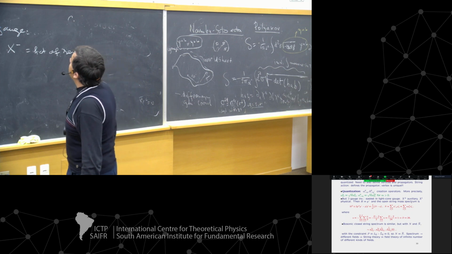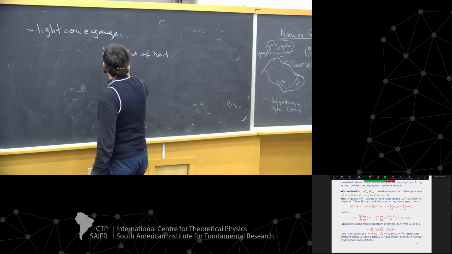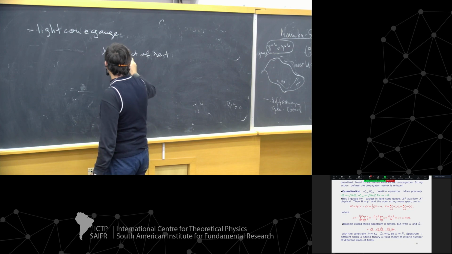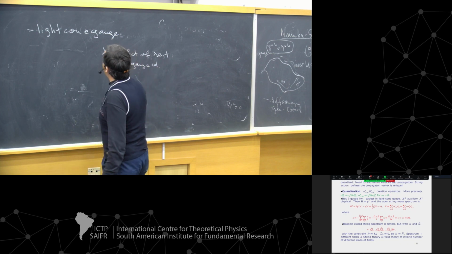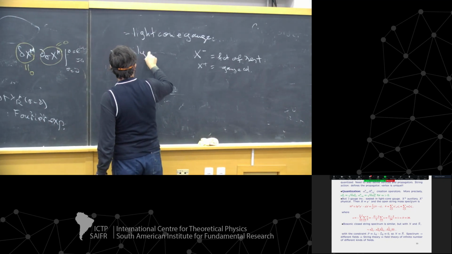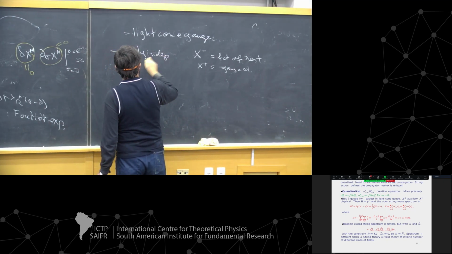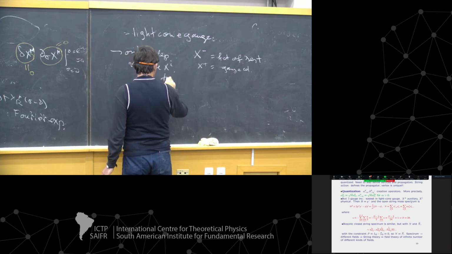And then x plus is part of the gauge condition. And so the only independent variables are xi, which are transverse.